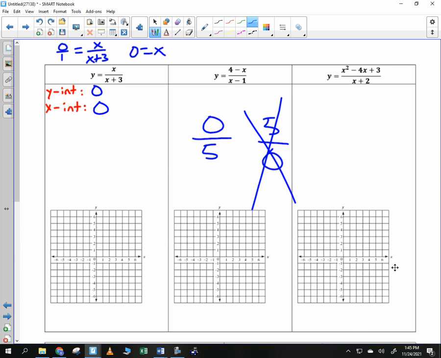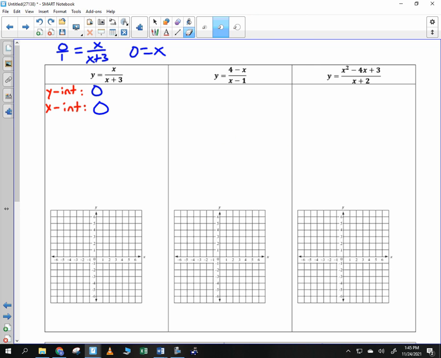Look at this one right here. Look at the next one. When is the numerator equal to 0? For what value of x? 4. So that means the x-intercept would be 4. See my point? When you're finding the x-intercept, you just have to look at the top, not the bottom.